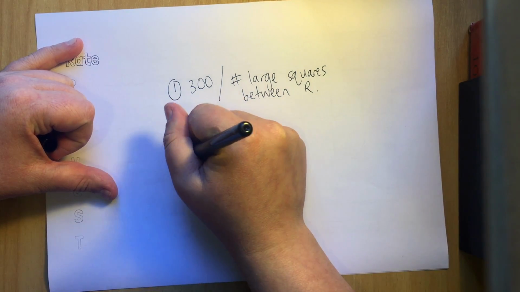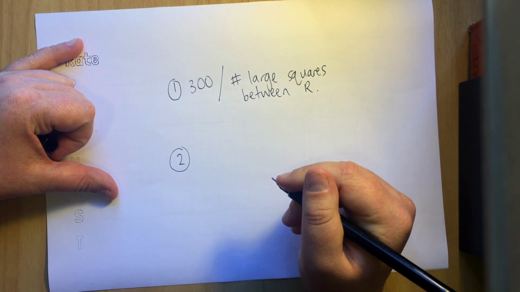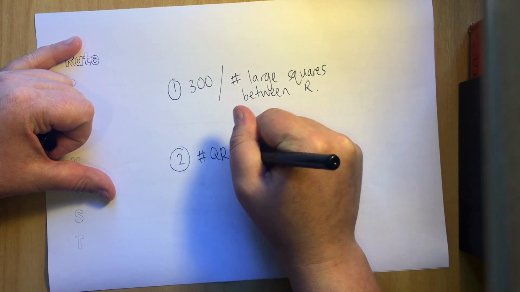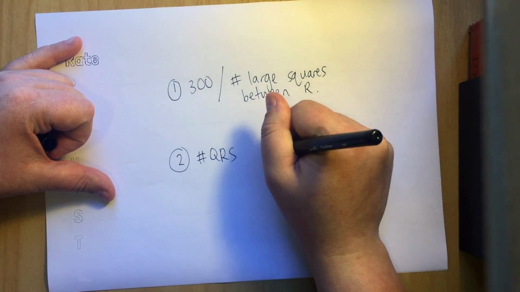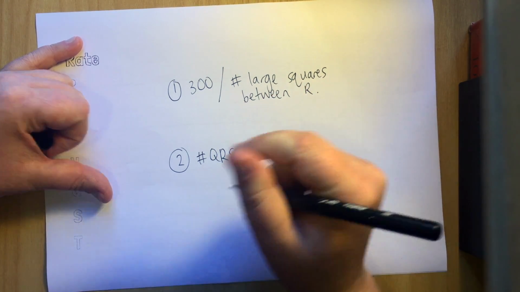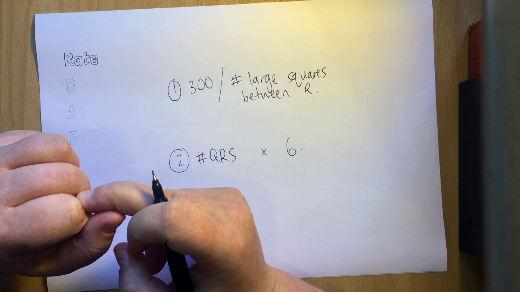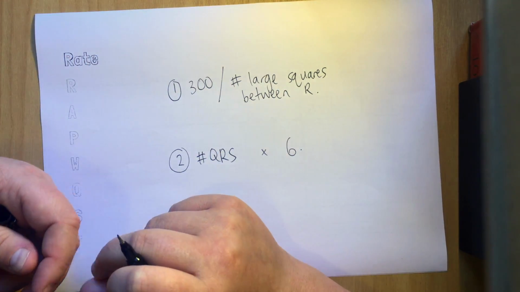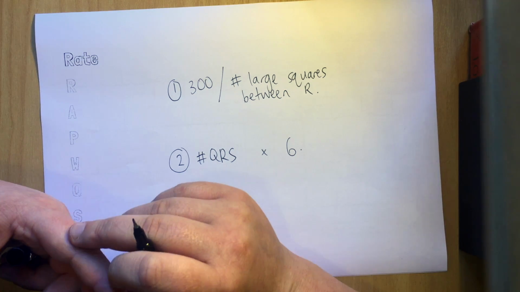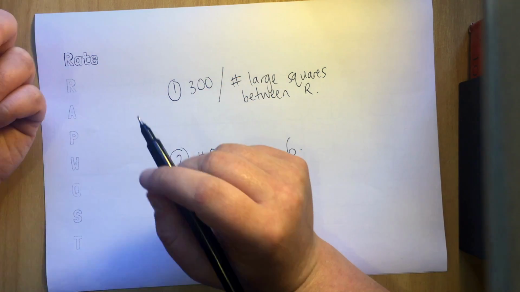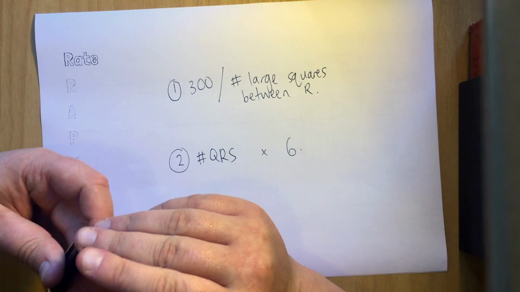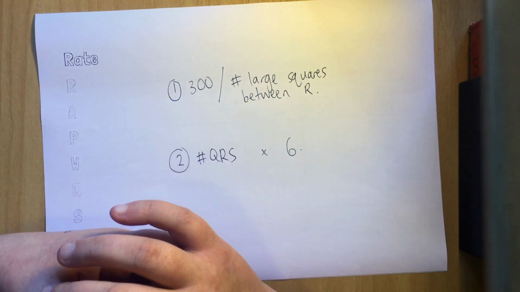So in that situation, we've got option 2, which is the number of QRS complexes, or the number of R waves, times 6. And it's times 6 because a normal ECG recording page at a normal paper speed is going to give you 10 seconds. So multiplying 10 seconds by 6, you're going to get your 60 seconds, your minute.